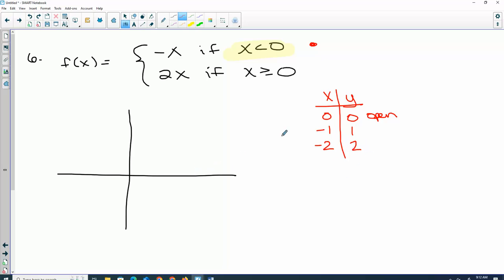Sometimes people are struggling after they get these points. So if you need to, go ahead and graph this as you go. So we have (0, 0), (negative 1, 1), (negative 2, 2). It started here. It continued for everything less than 0, so it doesn't have a stopping point. So this section keeps going.